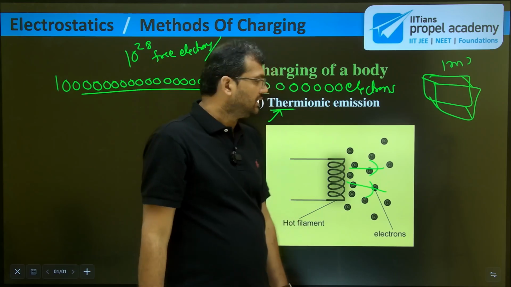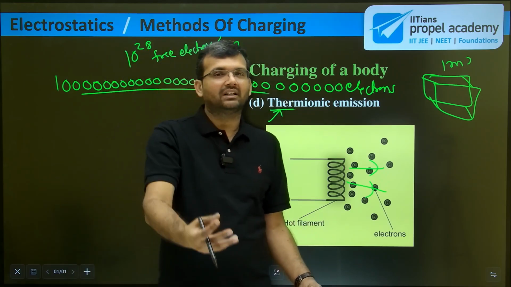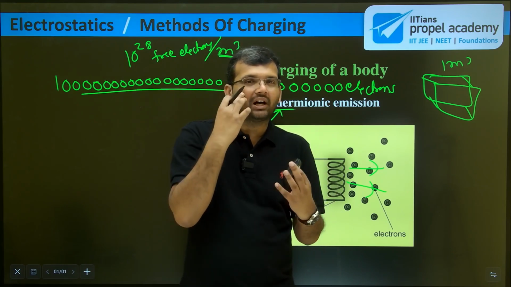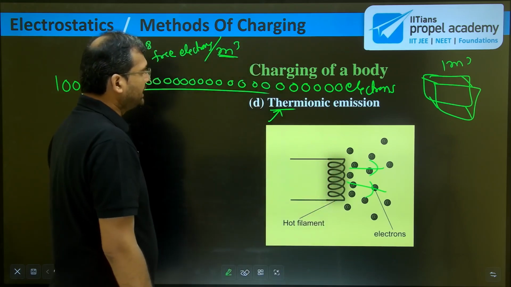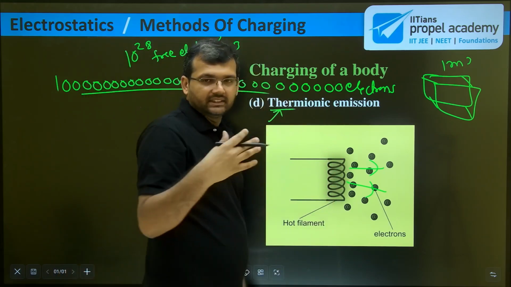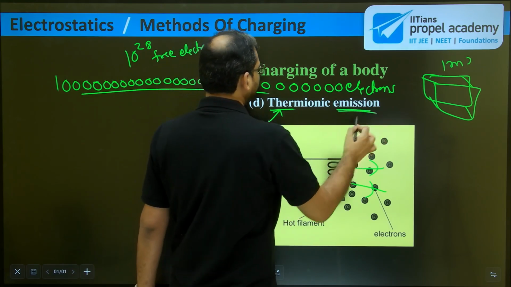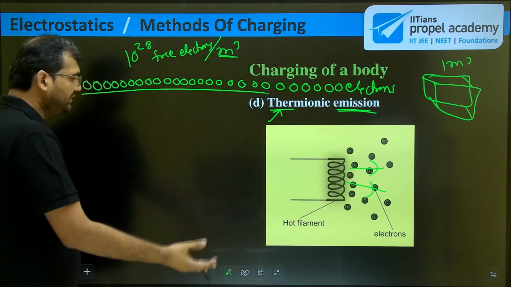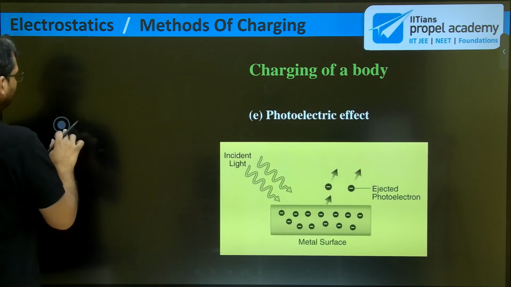However, that method is very dangerous because some of the electrons will pass through the screen and fall on your eyes, which is very dangerous. So that's why technology changed. So finally, electrons will be emitted with the help of heat. This is called thermionic emission.